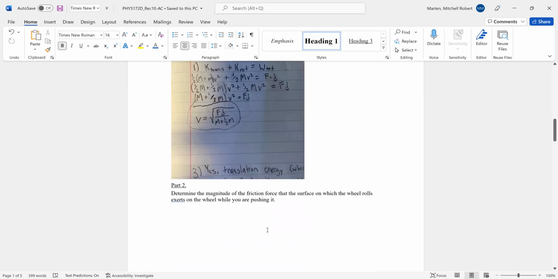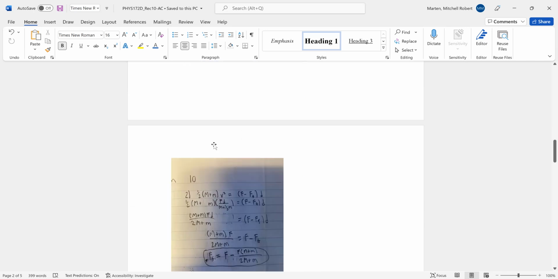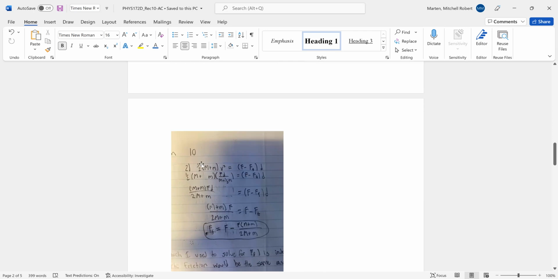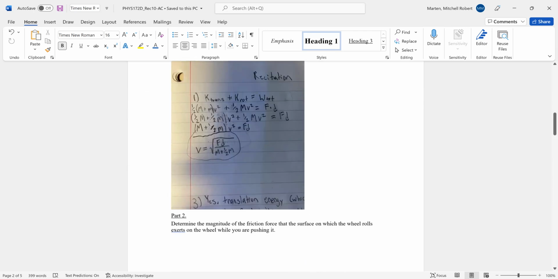And then part 2 says, determine the magnitude of the friction force that the surface on which the wheel rolls exerts on the wheel while you are pushing it. So this is the translational component from part 1. You see it looks exactly the same.